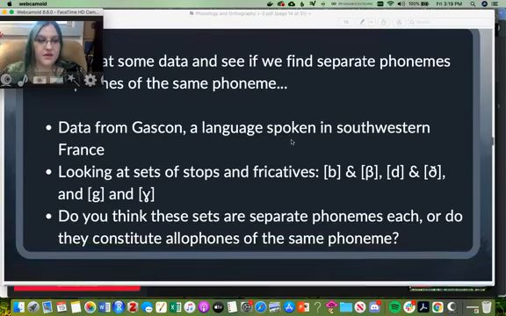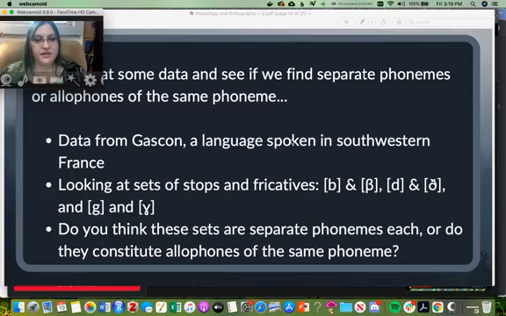So I have some data from the language called Gascon. This is a language spoken in southwestern France, in the Gascony region. In this data, we see some sets of stops and fricatives. For stops, we see B, D, and G. And then we see corresponding fricatives, which correspond to the bilabial V, the dental, and the velar.